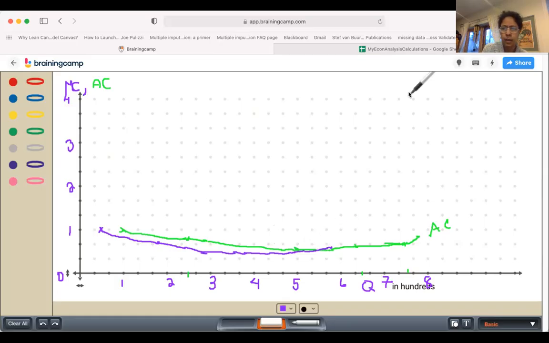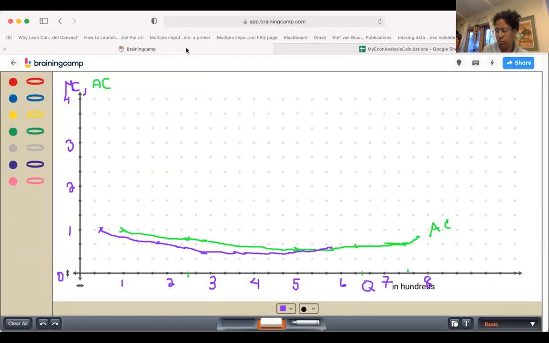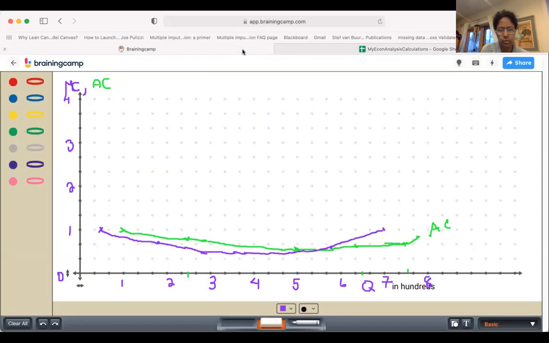Okay. Let's put our last marginal costs. $701. So it's actually two more. $701 here. $701. Now we have 762 and $4.